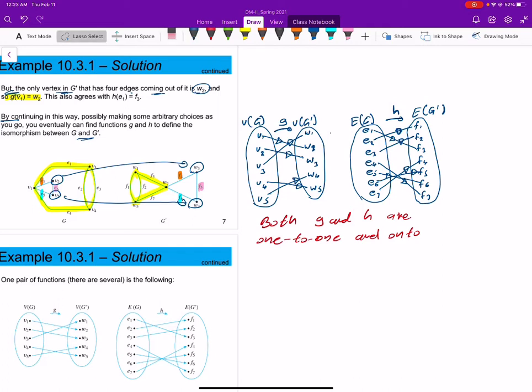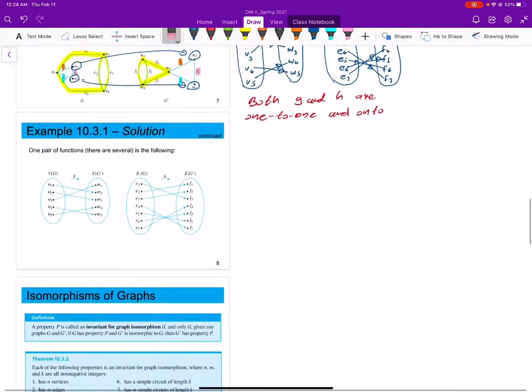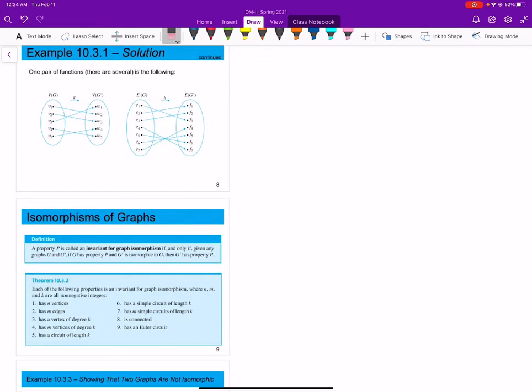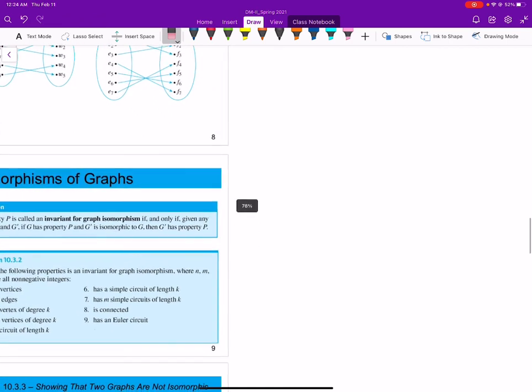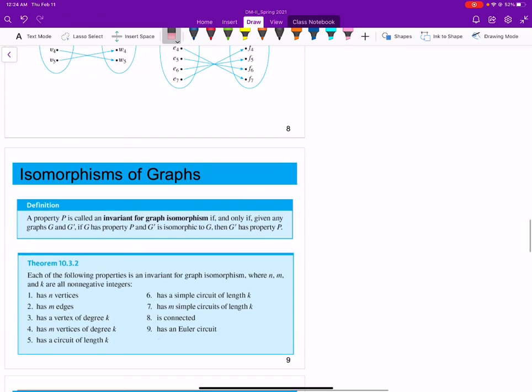Let me take this function a little bit up. All right, so that is the end of that example, and we are moving to discuss further details about isomorphism.